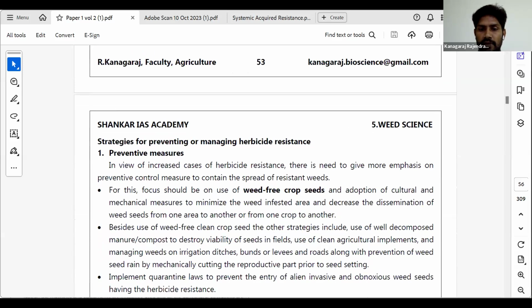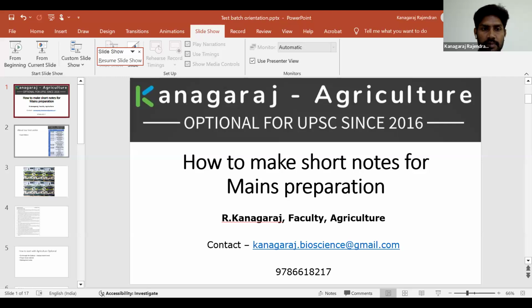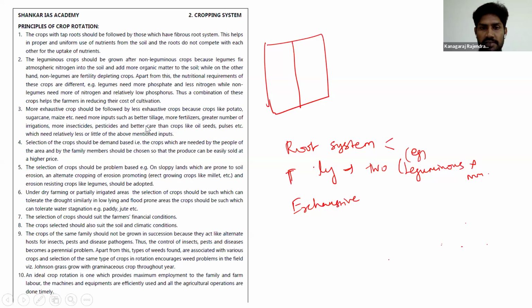While making the short notes, we have to prepare them in this way. You have to analyze the possible dimensions under the topic herbicide resistance.